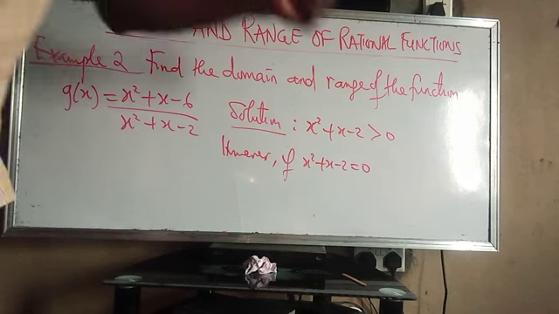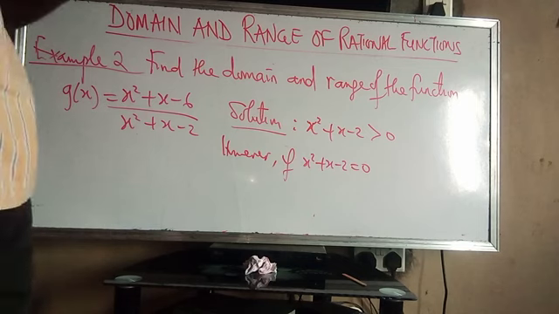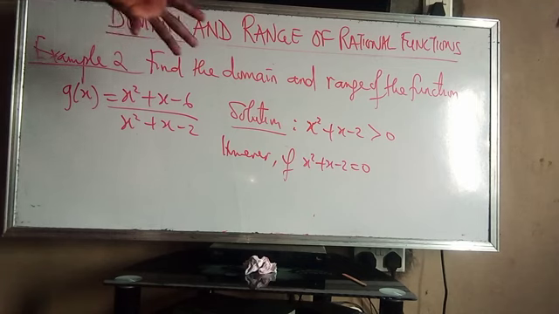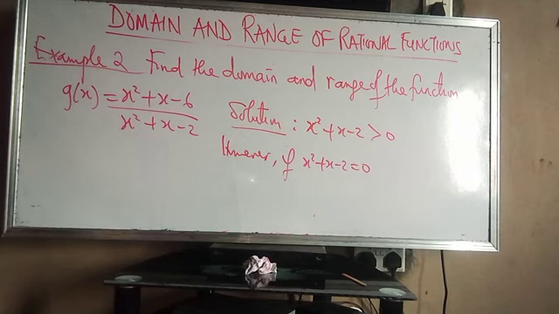If we are able to get the value of that x, we remove it from the real numbers. Then that will be the domain. The domain is the set of x values, the set of input values. So if you are able to get those that will give us undefined values, you just exclude them from the real numbers, then that gives us the domain.